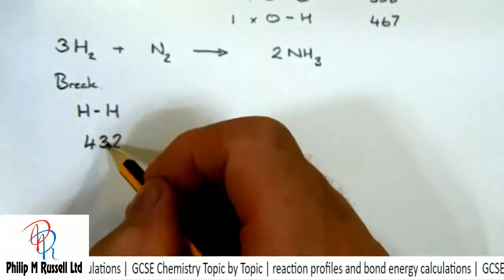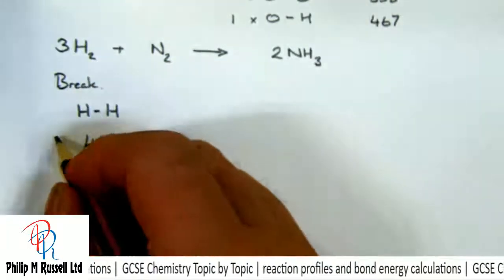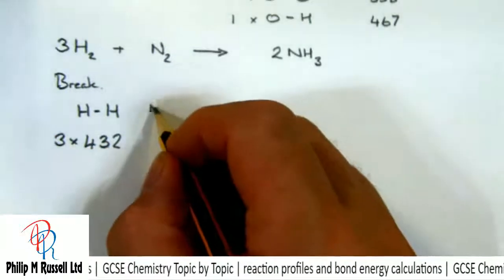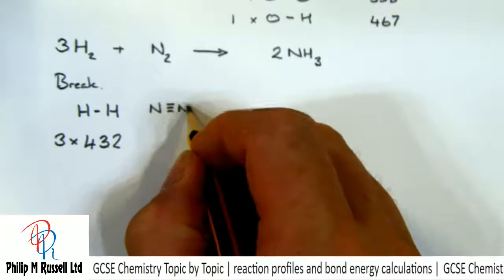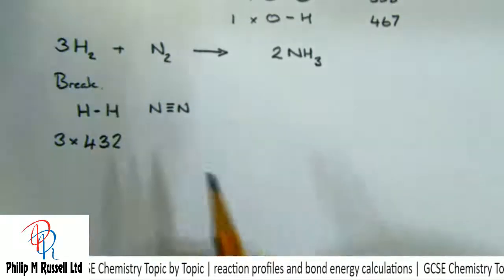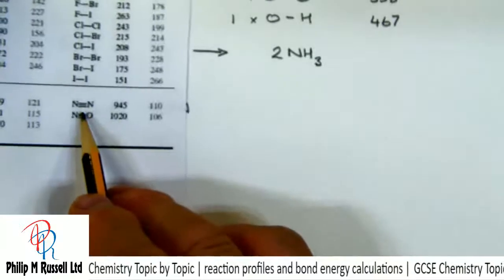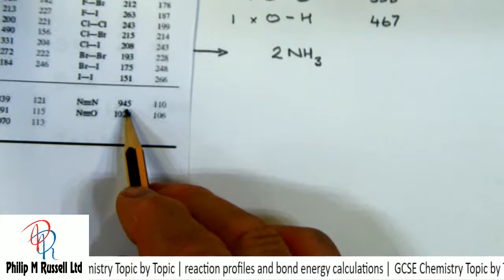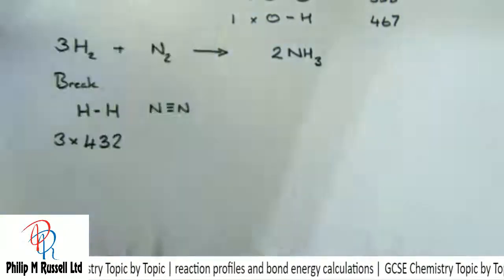But I don't have one molecule to break, I've got 3. And I've got a nitrogen-nitrogen bond, and this one is, as you might predict, much higher, because it's a triple bond, this one, at 945.